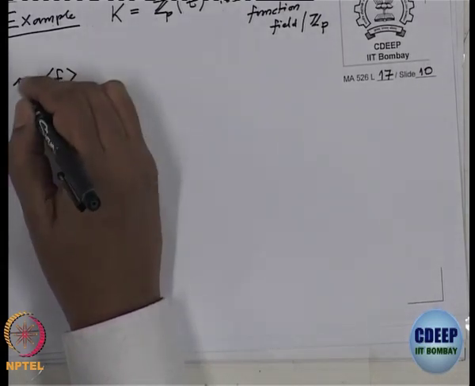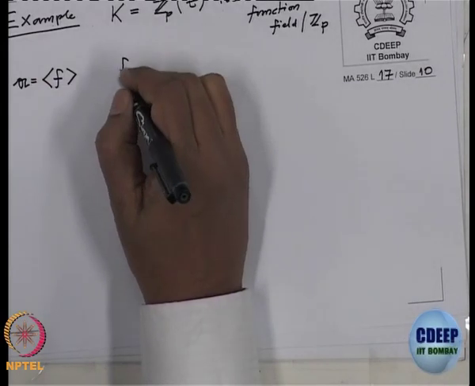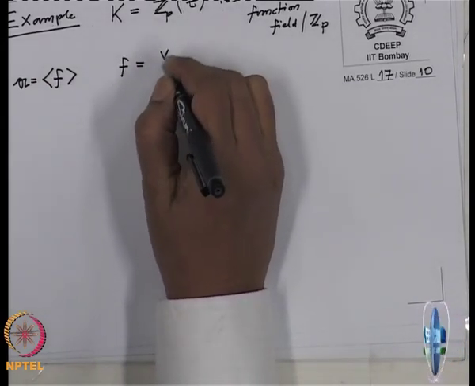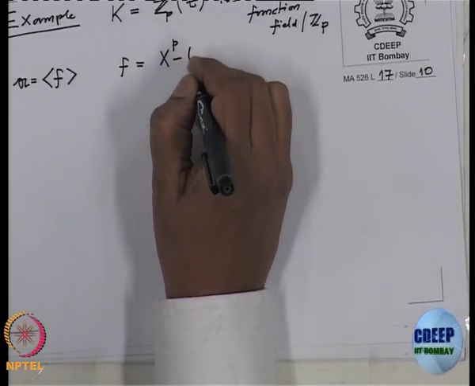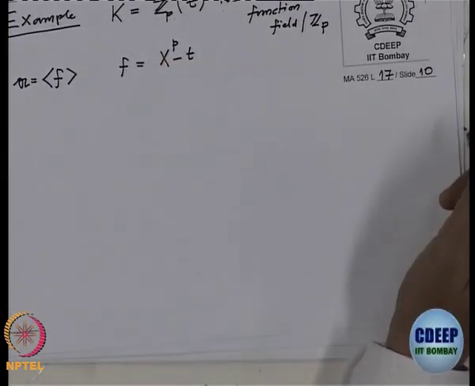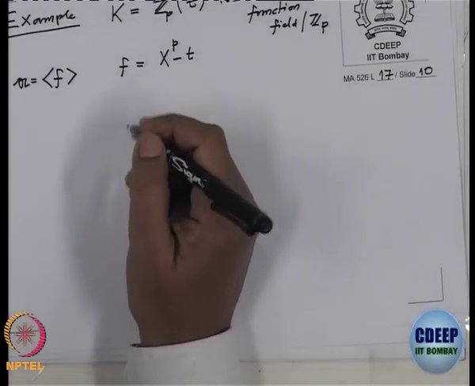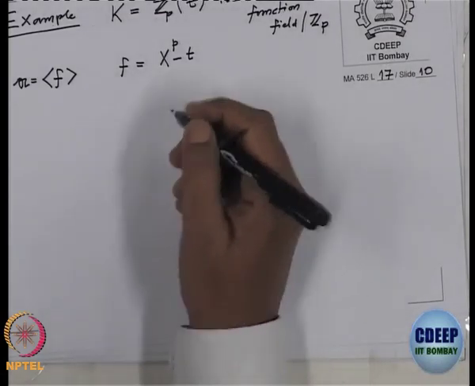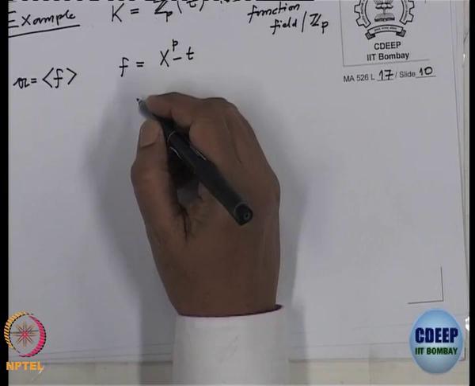This is our ideal A. So, f is the polynomial x power p minus t, where p is this characteristic. Alright, and what I have to give you also is p, and we are testing at p.